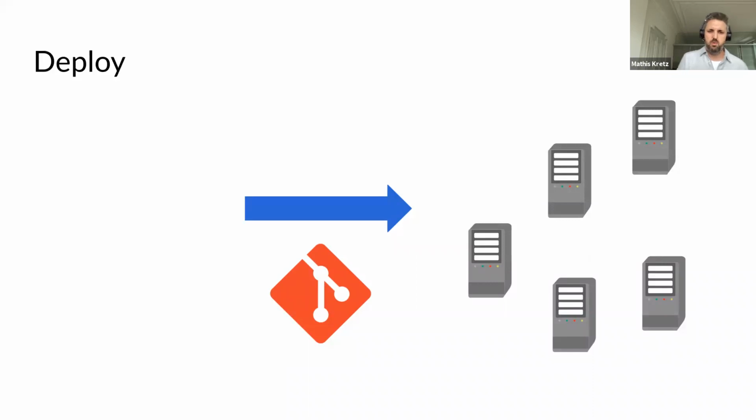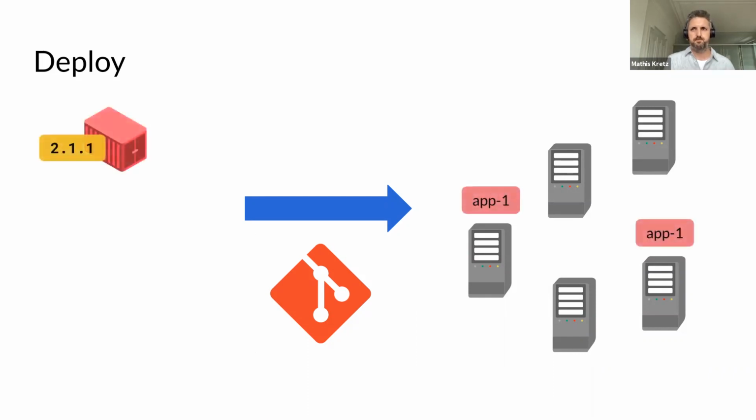Whenever we update our declarative representation, say, for example, to make a config change, but also to introduce a new version of some microservice, then we do this via the Git repository, and our pipeline will take care of the deployment step.